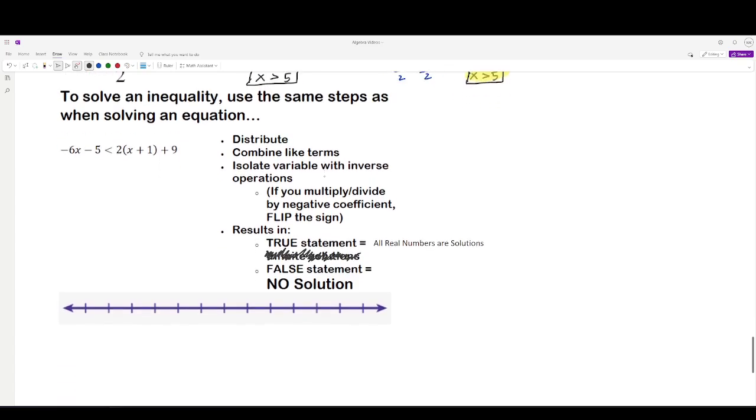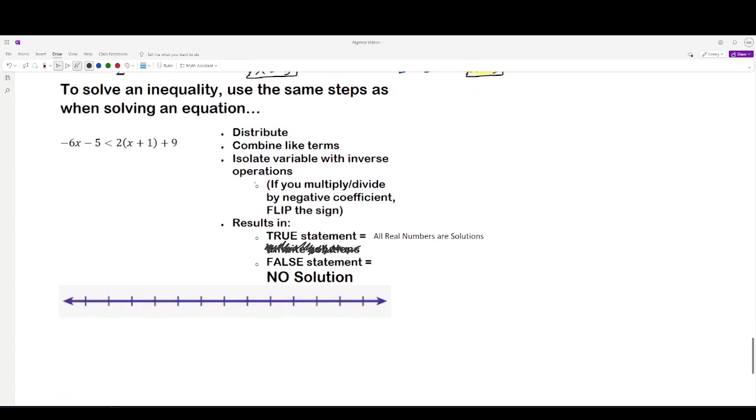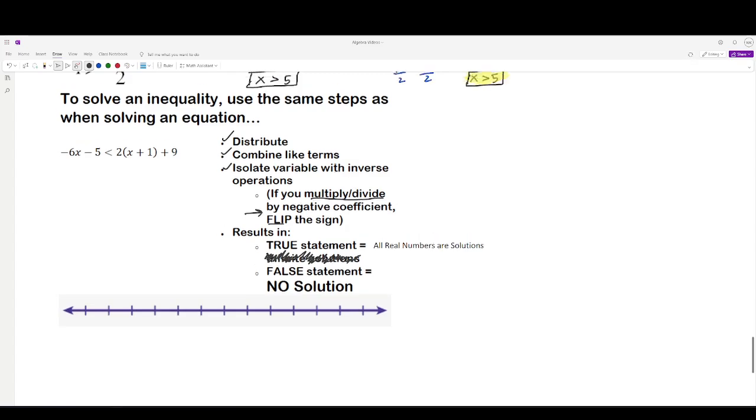Okay, to solve an inequality, use the same steps. So we follow everything we talked about previously. We do distribution, combining like terms, inverse operations in reverse order, and then remembering this one special trick, which is to flip the inequality if you divide or multiply by a negative. Common misconception here is, remember, this is only multiply or divide by a negative.